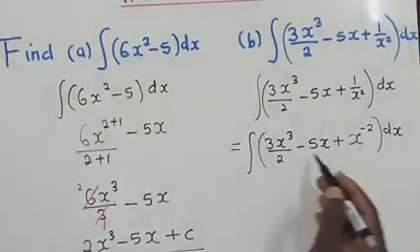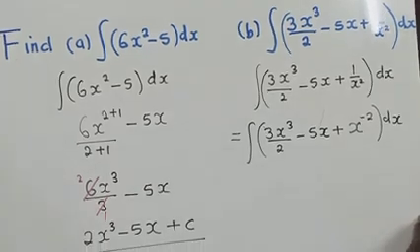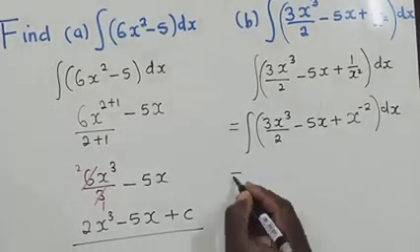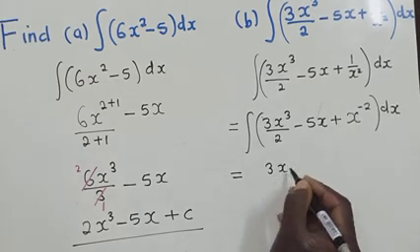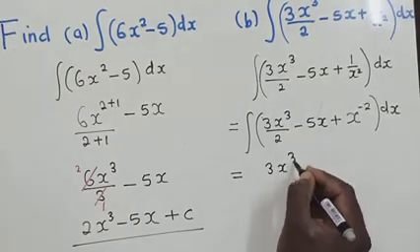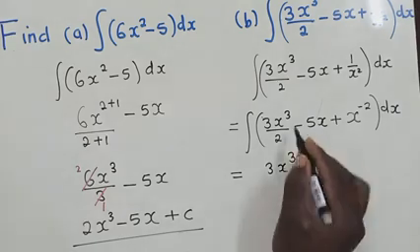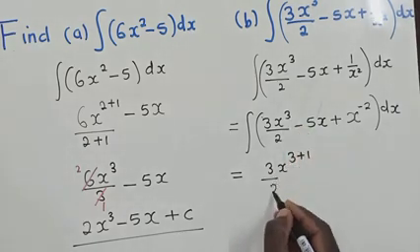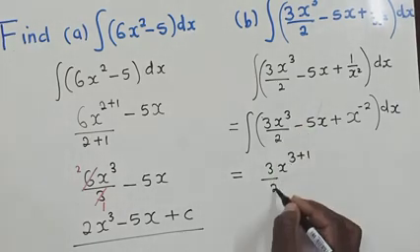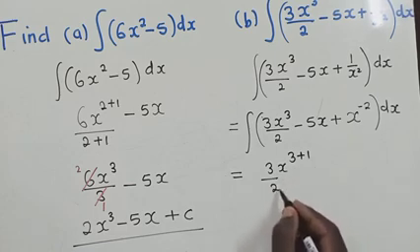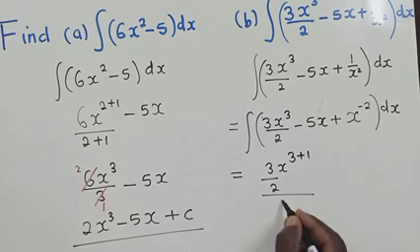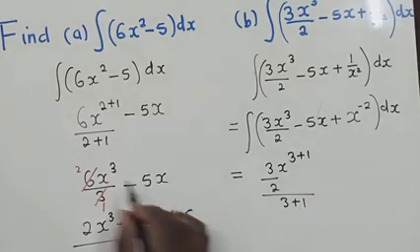Now at this point we can integrate. How do we integrate? The same procedure. Add 1 to this power. There is already a 2 here, don't forget this 2. Once we add, we divide by that, like we did here.